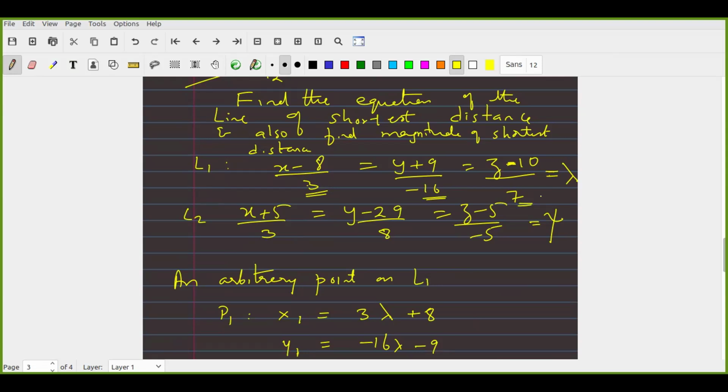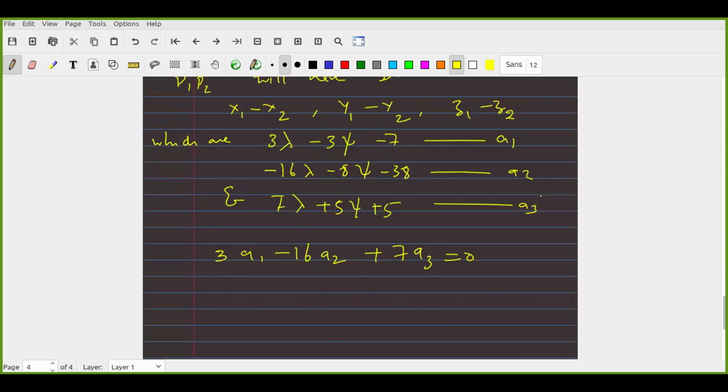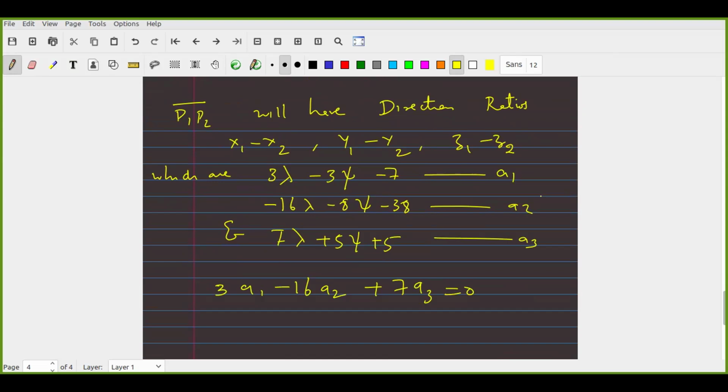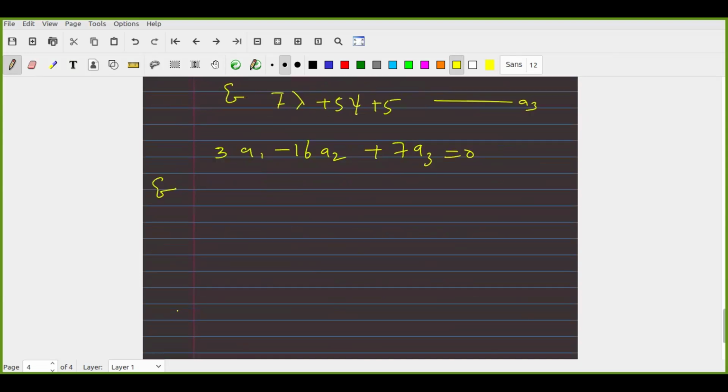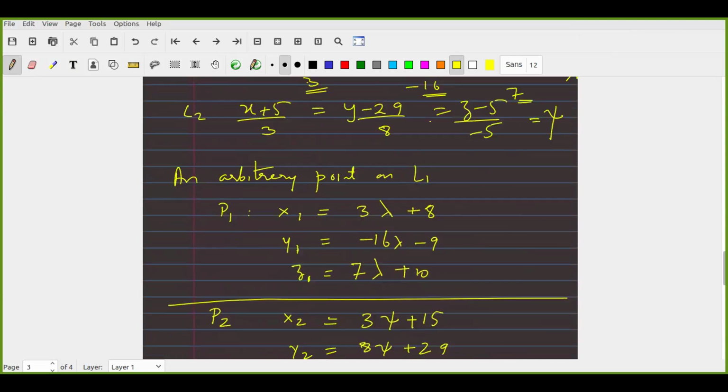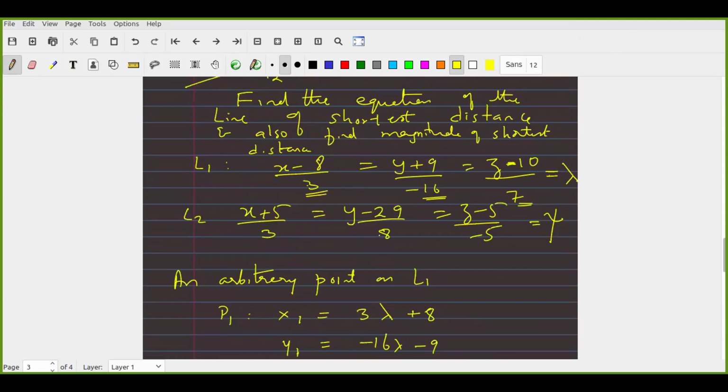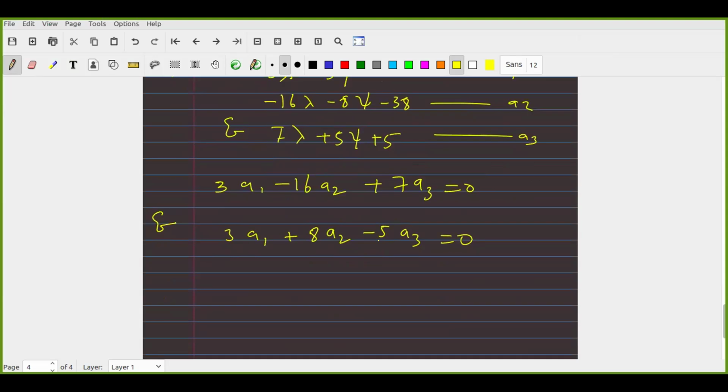Therefore, I'm using these with the new direction ratios of P1, P2 to get 0, because that's the perpendicularity condition. Similarly, using the direction ratios of the second line, namely 3, 8, minus 5, you get 3 times A1 plus 8 times A2 minus 5 times A3 equal to 0. The 3 and 8 are positive, the third one is negative.